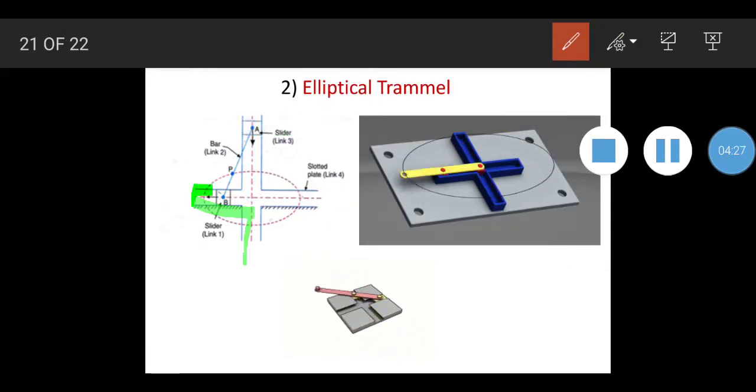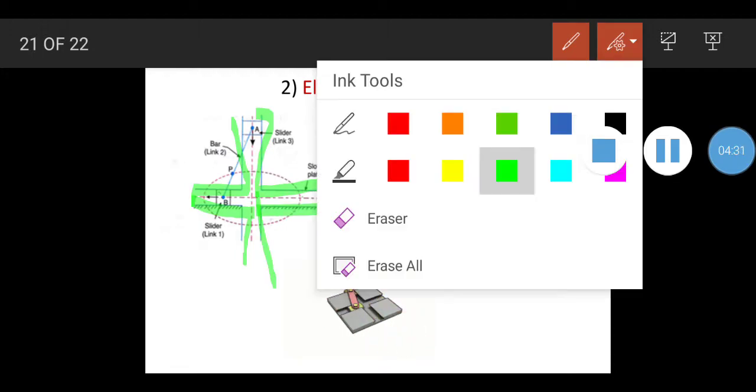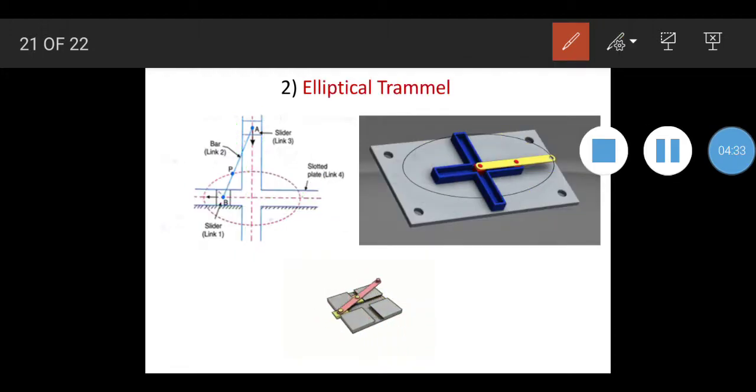This is the slotted part of the frame, and they reciprocate inside this frame only. A point on link 2 can trace out an ellipse with a semi-major axis.